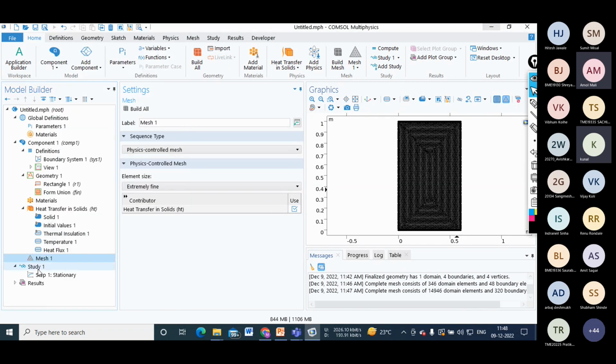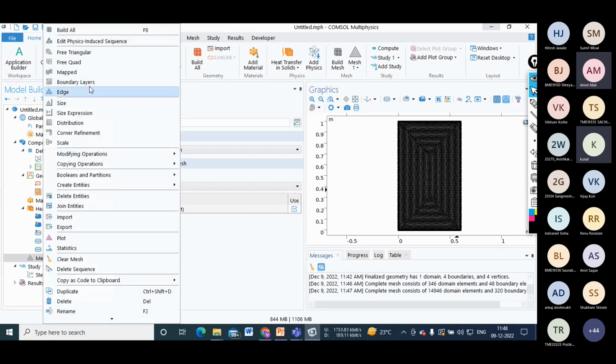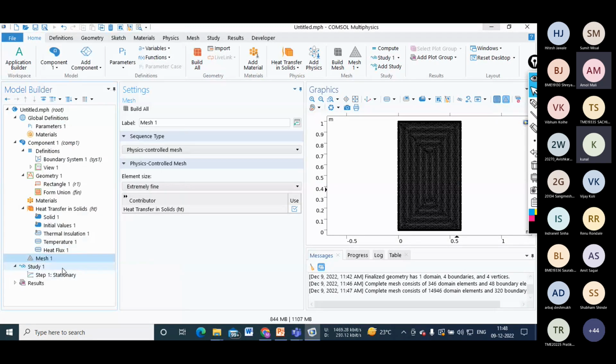If you want to do fine refinement of the corner part, that also you can do with the help of corner refinement. For third year students there is the subject CAE, computer aided engineering. That subject will be in the next semester, and in it you have to solve this kind of problem on ANSYS.